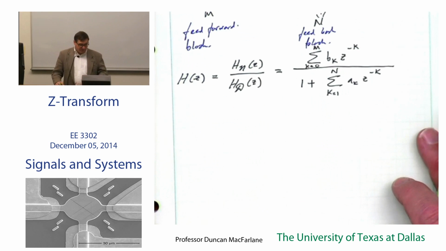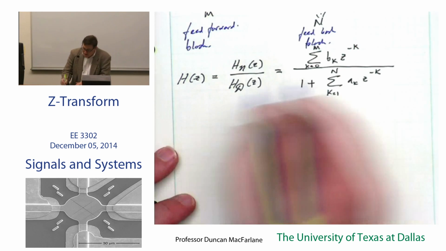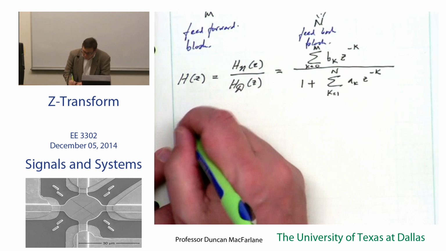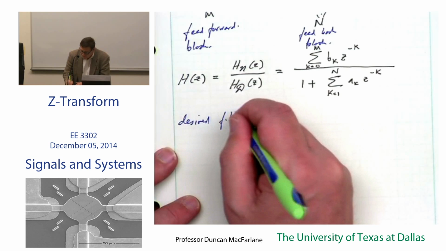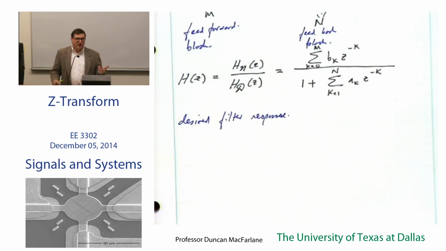So here's a couple of points. If I have a desired filter response, in other words, I have a certain input and I want to make a certain output, then I can decide how good a fit I want to that.